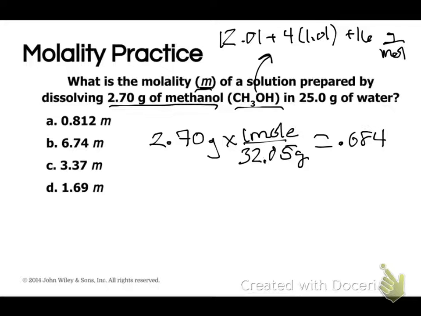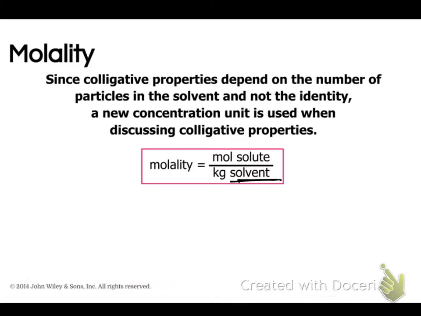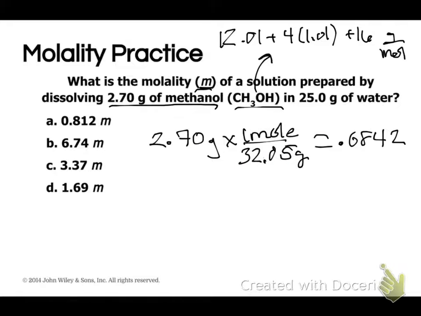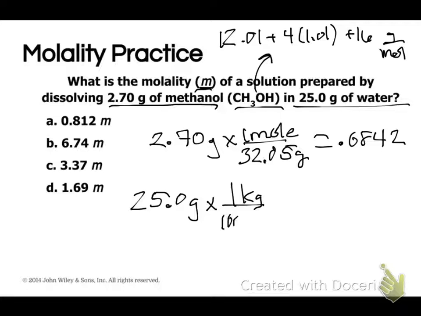So that's the top of our equation here. Our equation says moles of solute divided by kilograms of solvent. And so we got 25 grams of water. Water is our solvent here. I want to convert that to kilograms, so I have to remember that there's 1,000 grams in a kilogram. That goes way back to chapter 2, but it is a fact that we need to remember.